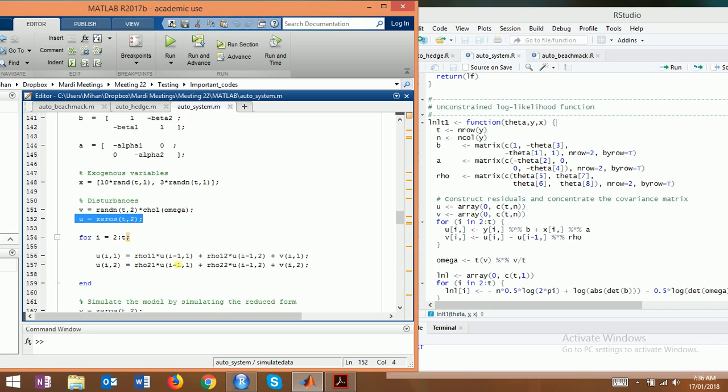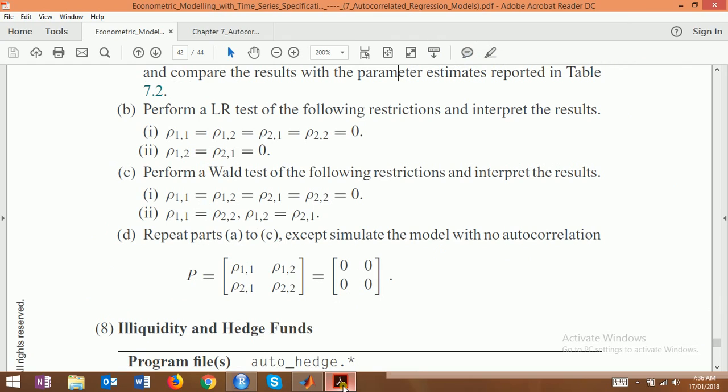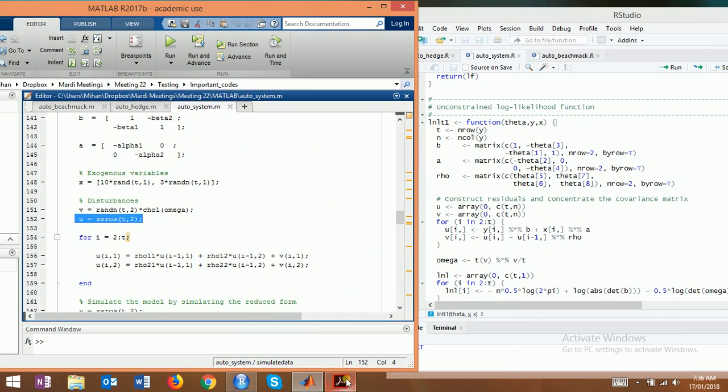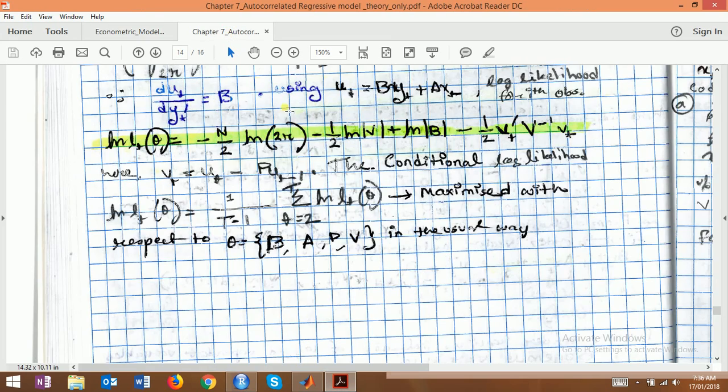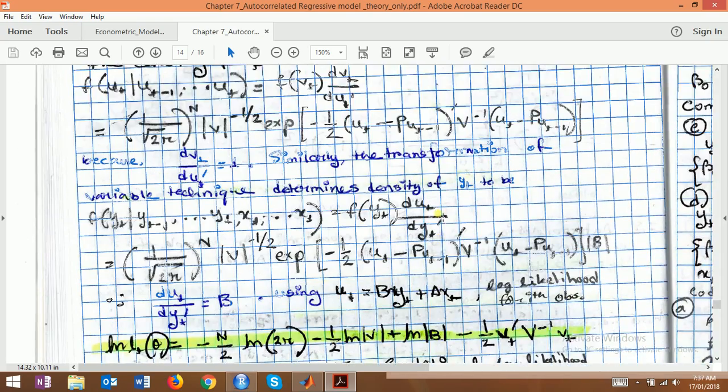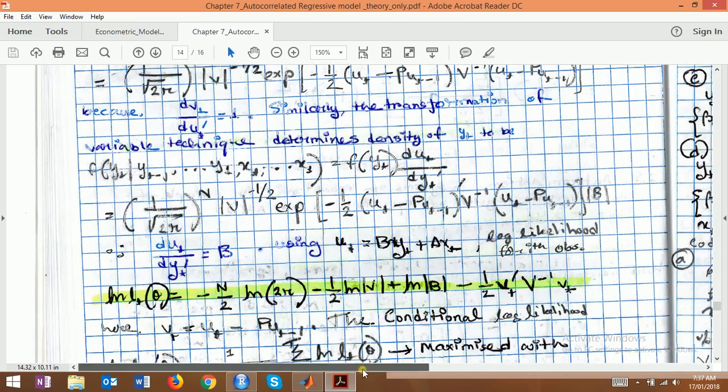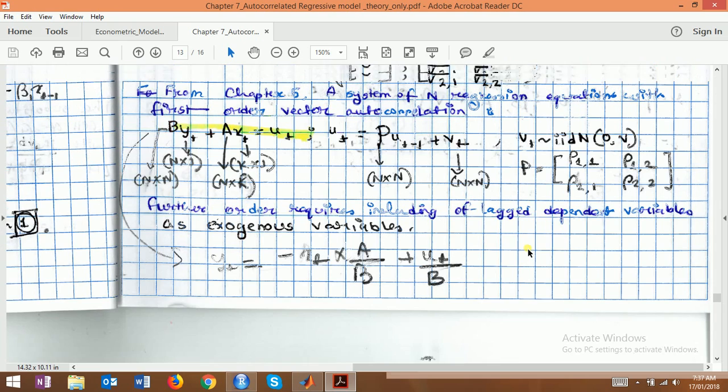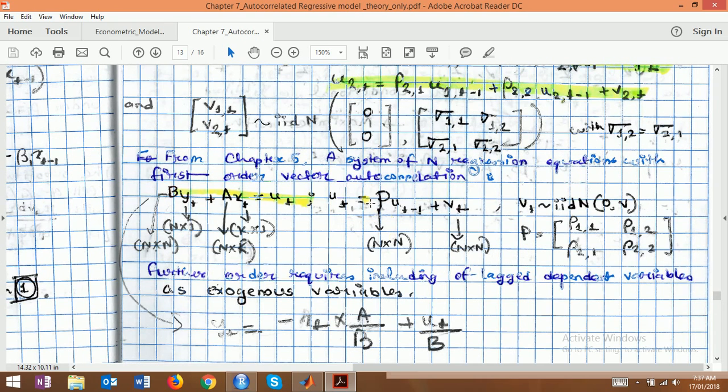The first residual is rho 11 u(t-1) plus rho 12 u(t-1), and the second is rho 21 u(t-1) plus rho 22 u(t-1), because the equation suggested that, right?